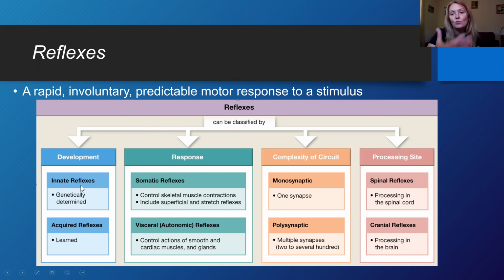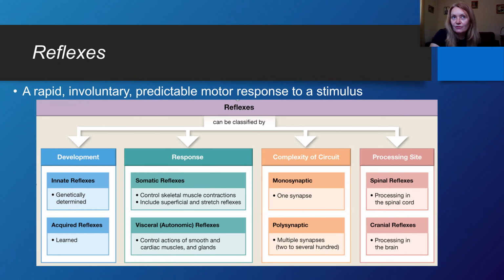Innate means you're born with them. Even a newborn baby can be tested on these reflexes, like the Babinski sign, when they tickle your sole and see how you react to it. So that's something that you're born with.